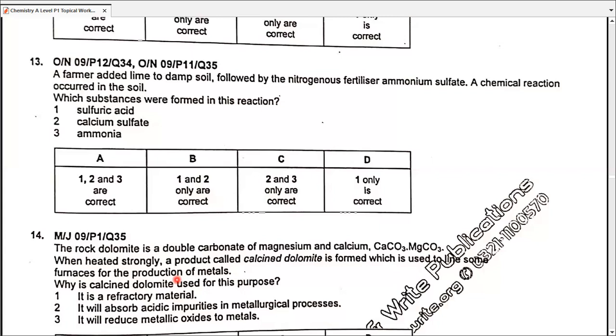Sulfuric acid. 2 and 3, C. Just a second, let me see. So 2 and 3, C. Correct.